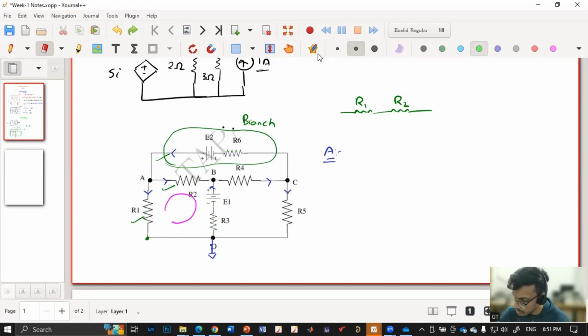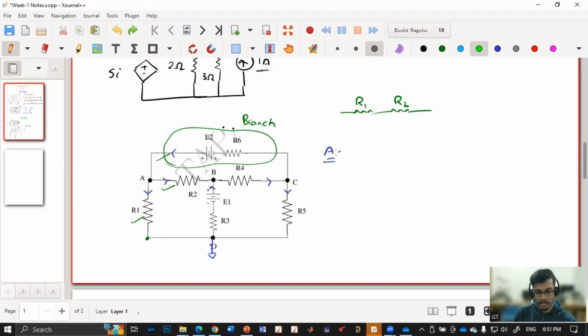Okay, so yeah. Now I'm applying KCL at the point A. So the current that is entering A is equal to the current that is leaving A. So from how many branches the current is entering? From only one branch, the current is entering, and from the other branches, the current is leaving. So how will I know what is the current that is entering?